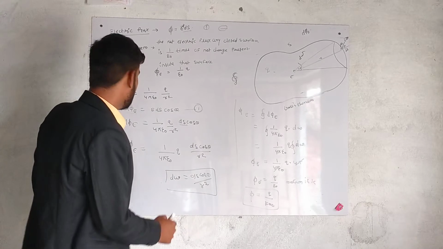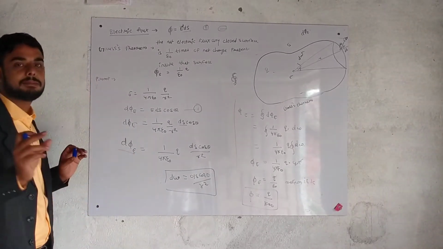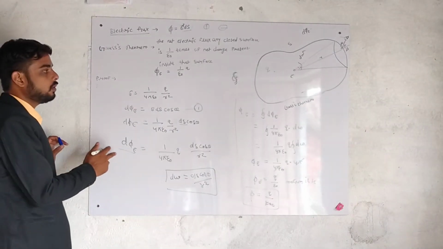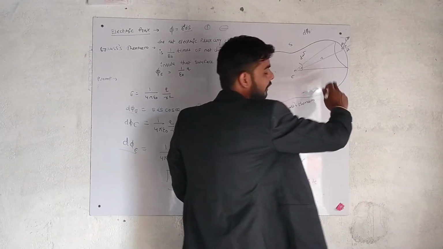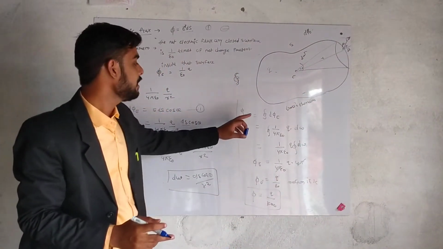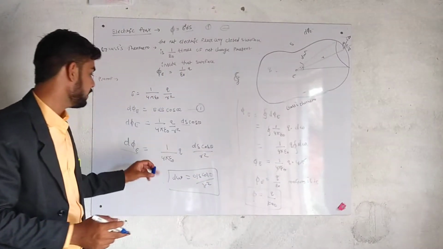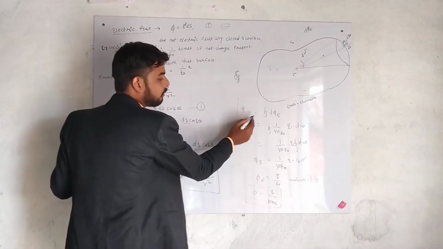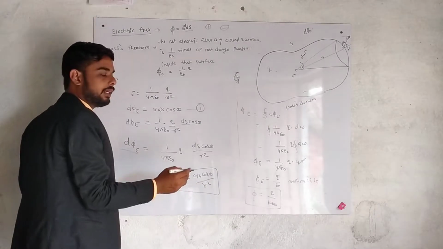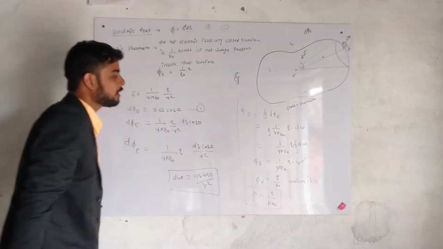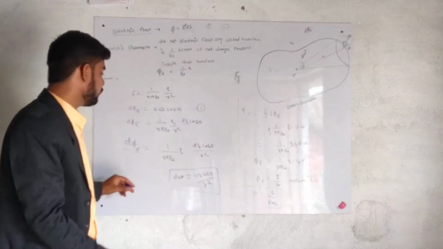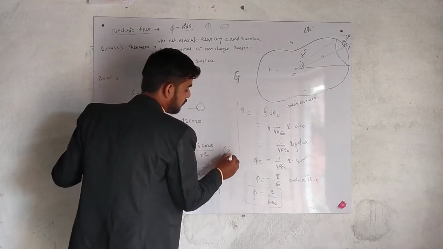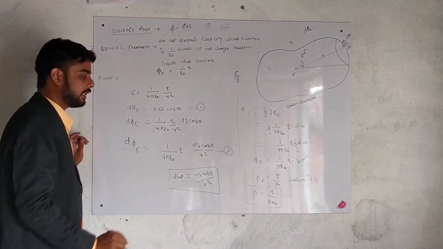This is for the small element. To get the whole electric flux, we have to integrate this small element. Then phi E equals the integration of d phi E. Suppose this is our second equation.